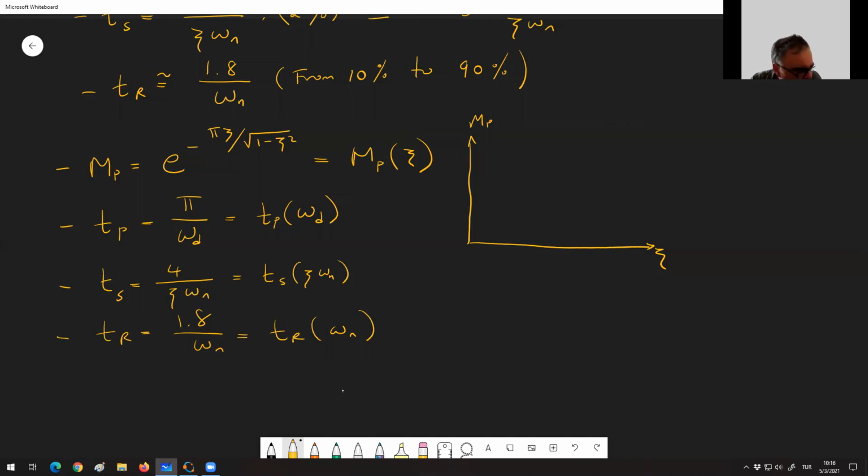Now, if you start from this maximum overshoot, when the damping ratio is 0, the maximum overshoot would actually be 100%, okay? Or it would be 1, because it's an undamped system.